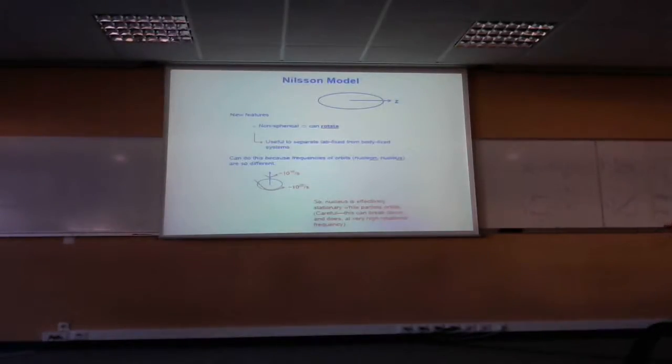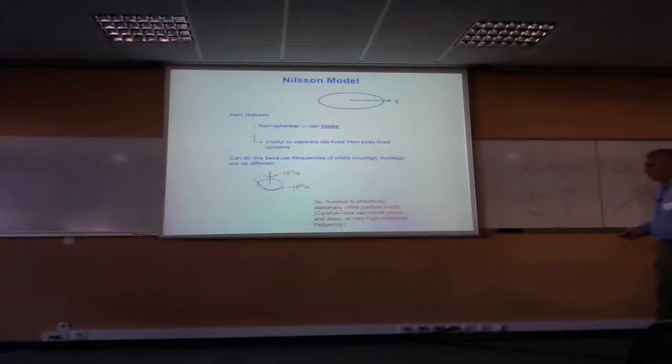And the reason we can separate that, or at least approximately separate it, is because the frequencies of orbits and the frequency of rotation of the nucleus are very, very different. So even if the nucleus is rotating, during an orbit of a particle, you can treat the nucleus as approximately stationary. Okay, and so we can separate those degrees of freedom.